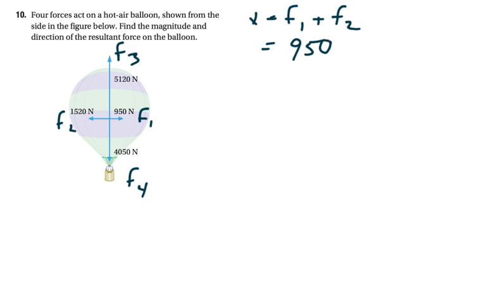It's a positive value because it's going along the positive x-axis. And then we have F2 is directed along the negative x-axis, so that means it's going to be subtracted off, or plus or negative. So 1520 newtons. So we end up with an x component, F of x. That is equal to negative 33 newtons.